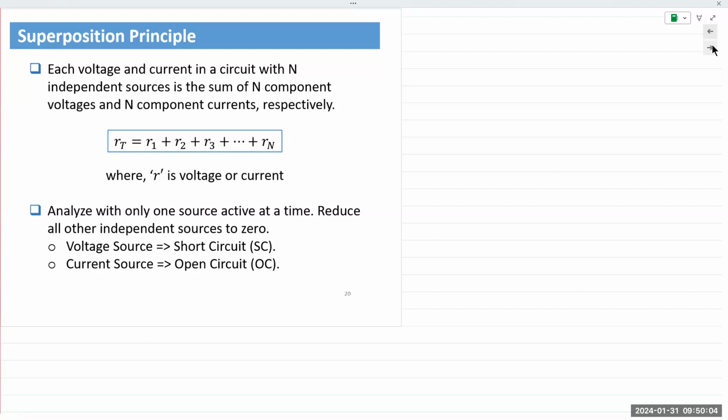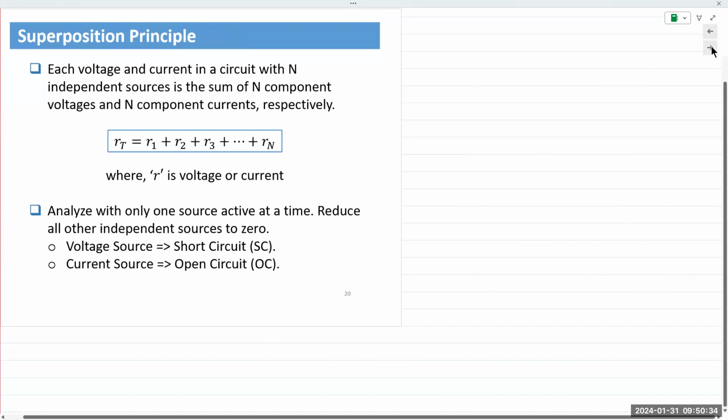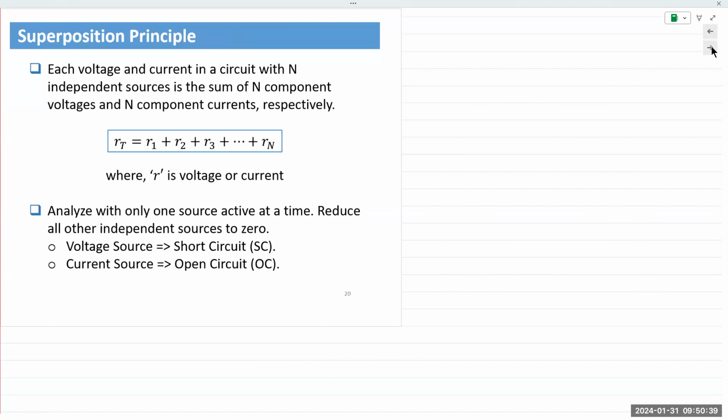So we are doing circuit analysis, right? Circuit analysis is the determination of the unknown voltages and currents in a circuit. If we have one source, we know that the voltage or current at any given point in the circuit is a result of that source alone. But if we have more than one source, it doesn't matter if it's a current source or a voltage source, or two voltage sources, two current sources, or 10 voltage sources and 5 current sources.